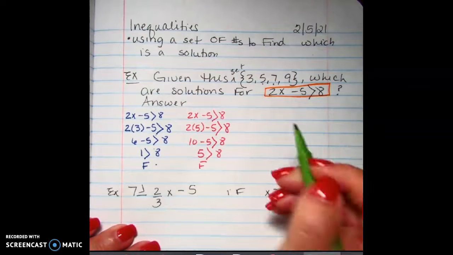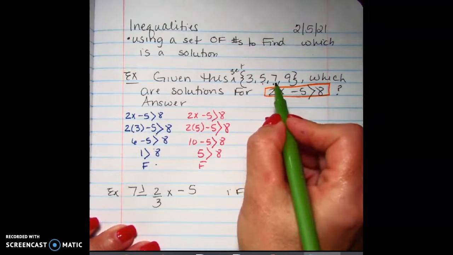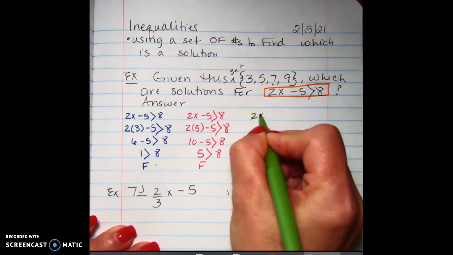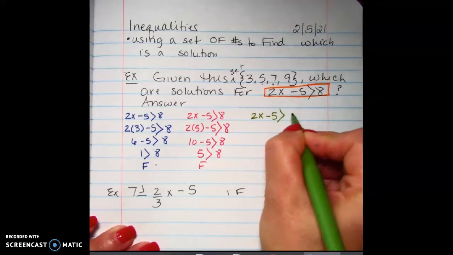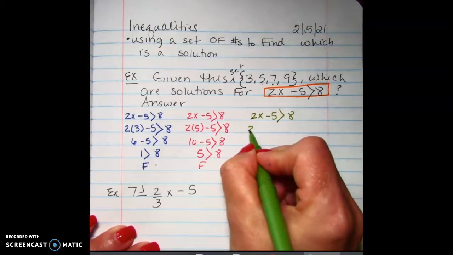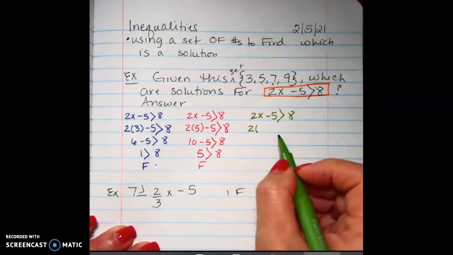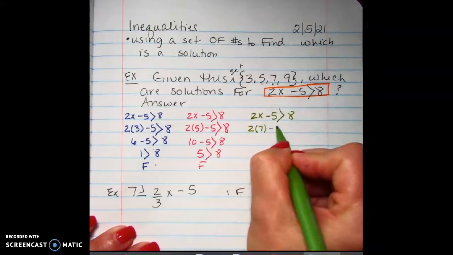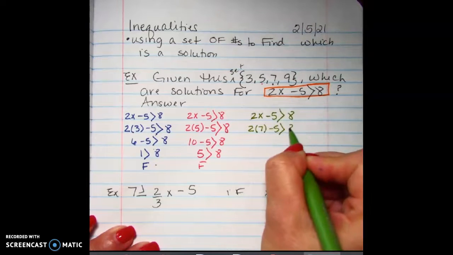So now we're going to go to the number 7 as our plug-in value. So 2x, I always like to rewrite my problem down, and I like to make sure that it is accurate. And then I plug in my number because that is step 2. 2 times 7 minus 5 is greater than 8.